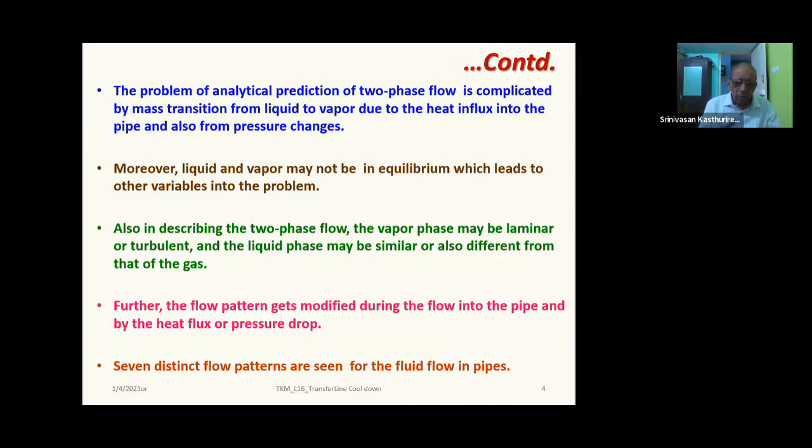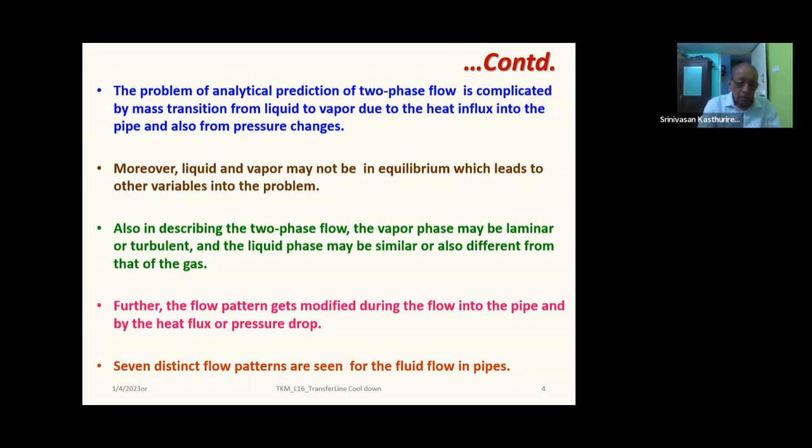Okay, it has been done for several fluids, and from there, depending on the flow rate, velocities of the liquid flow and vapor flow, people are able to say, yes, there are distinctly seven distinct flow patterns in the fluid flow through pipes.